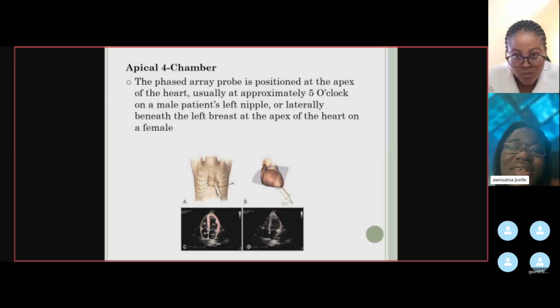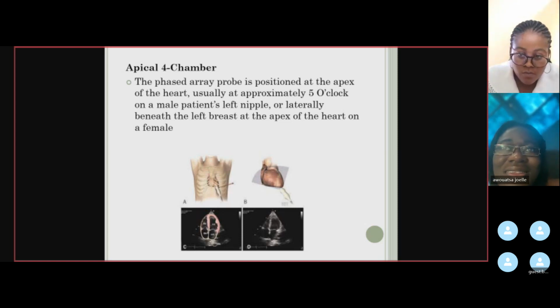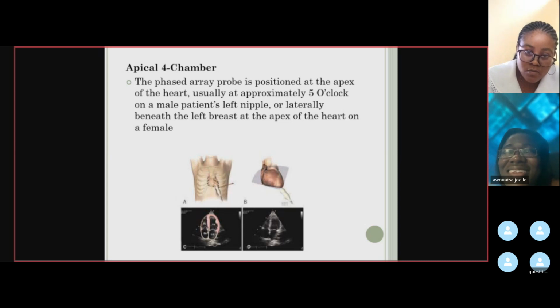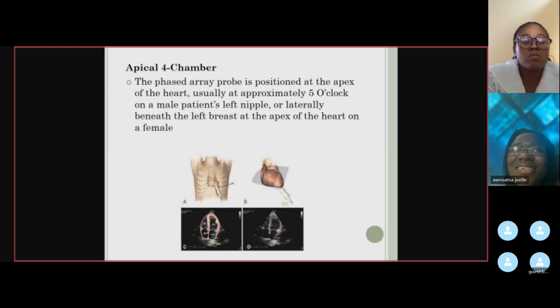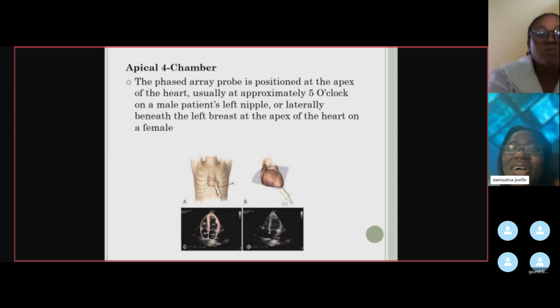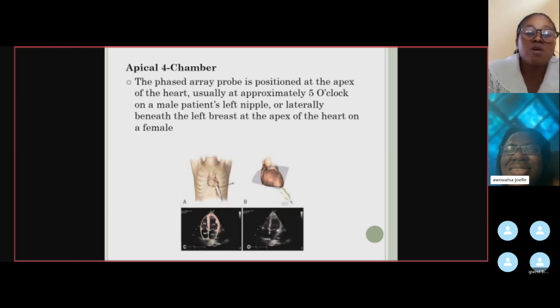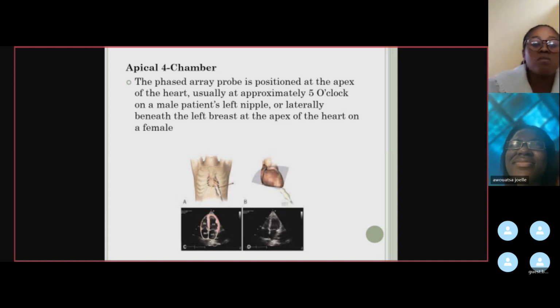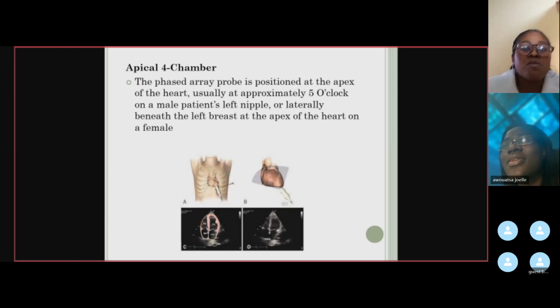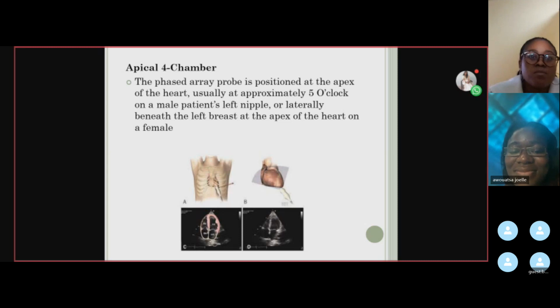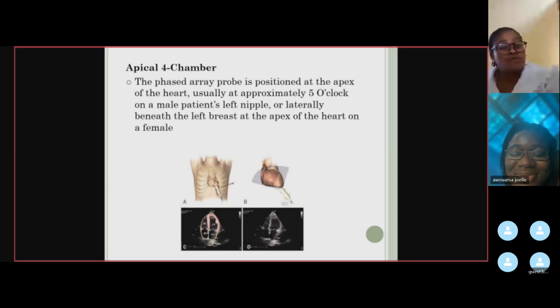Atrioventricular valve, the mitral valve. Tricuspid valve, and bicuspid valve.